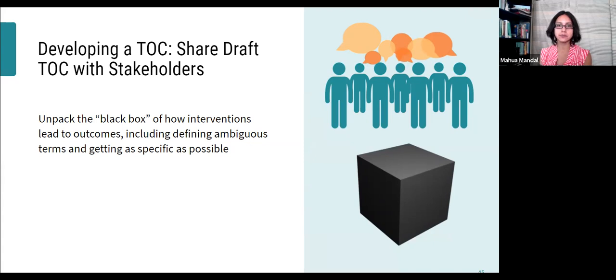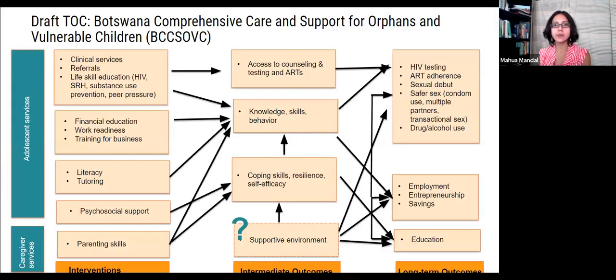So again, going back to the Botswana example, you'll see the initial draft theory of change, and there's a question mark on the bottom row of the intermediate outcomes. There is a box called supportive environment. This was an intermediate outcome that was mentioned by all of the stakeholders, and it came up a lot through document review.